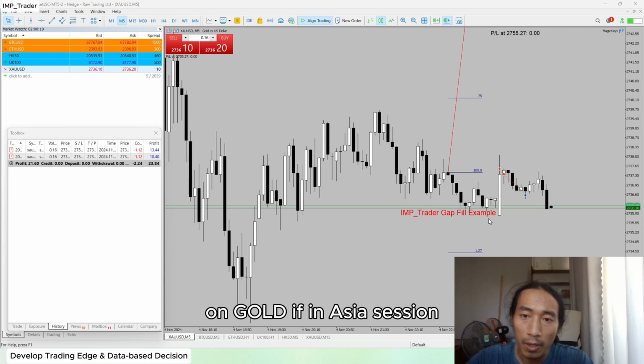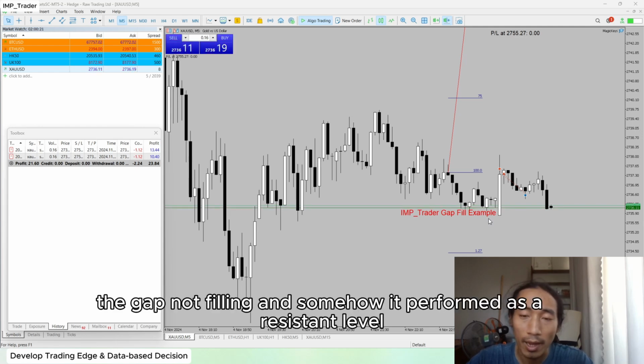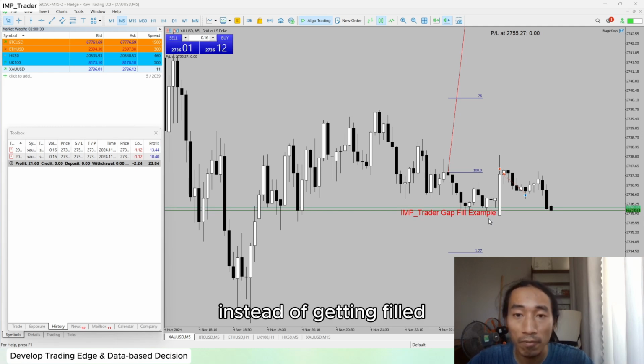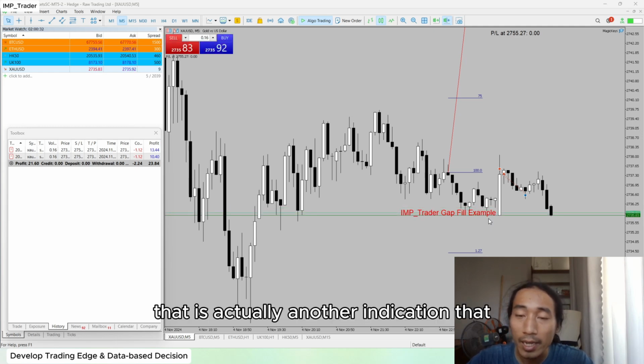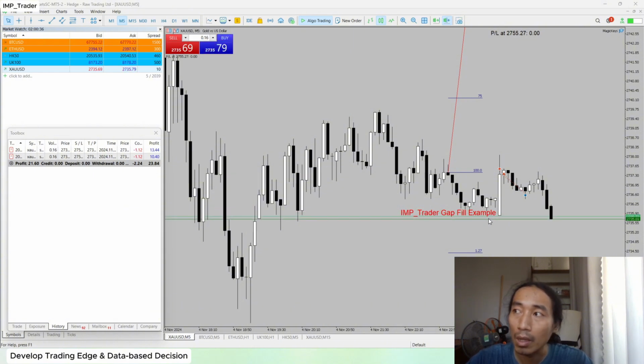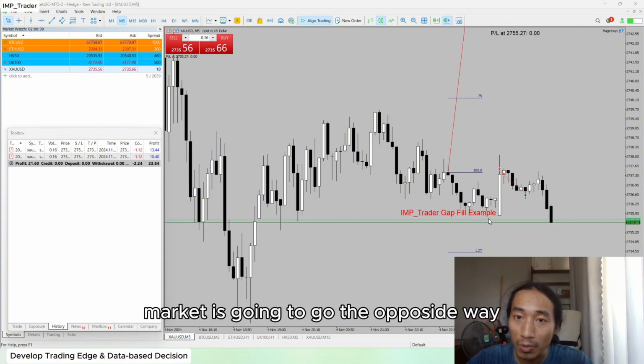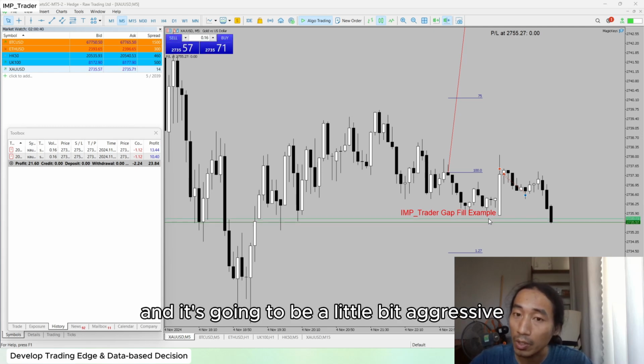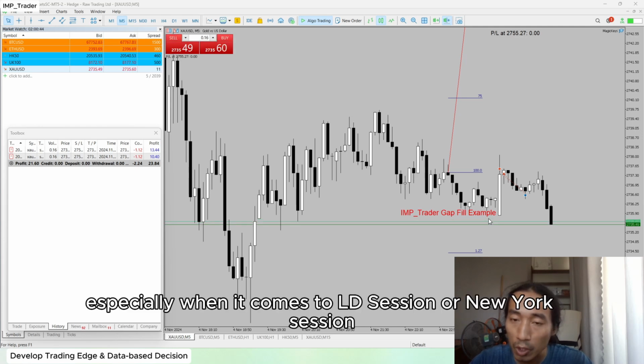On Gold, if in a session the gap is not filling and somehow forms a resistance level instead of getting filled, that is actually another indication that the market is going to go the opposite way and it's going to be a little bit aggressive, especially when it comes to the London session or New York session.